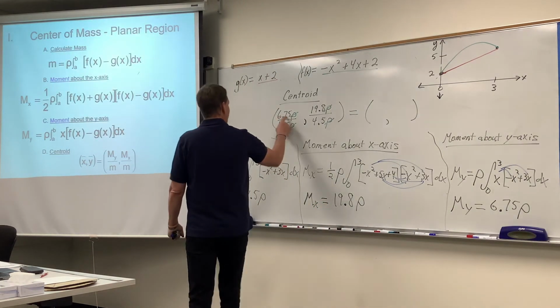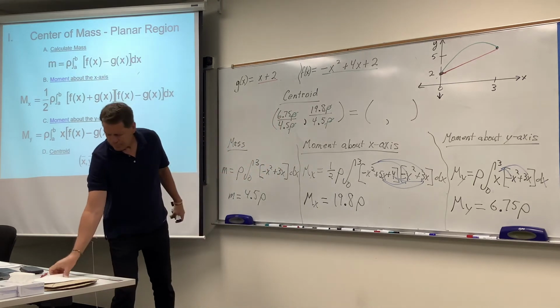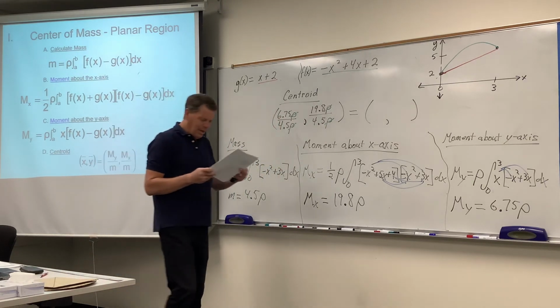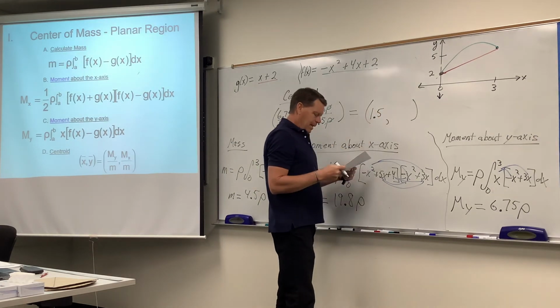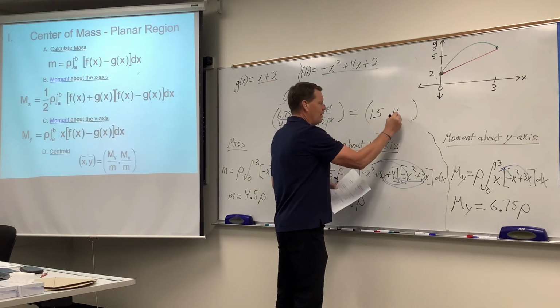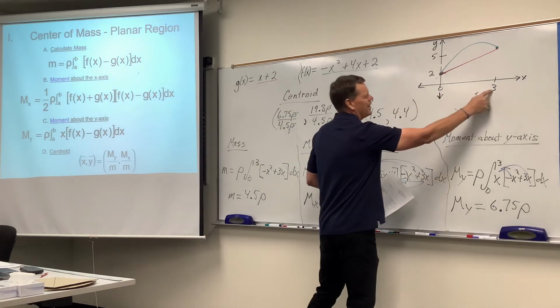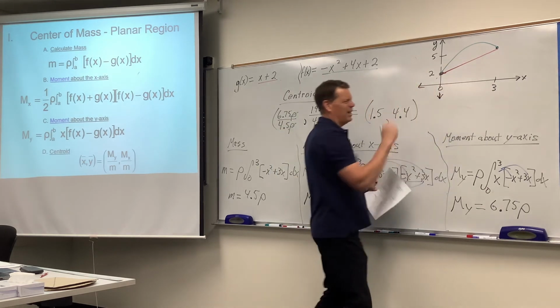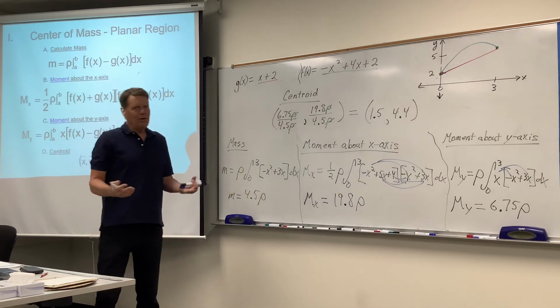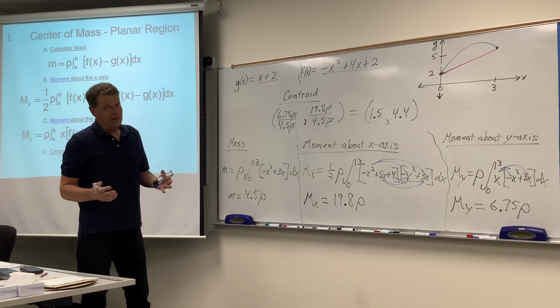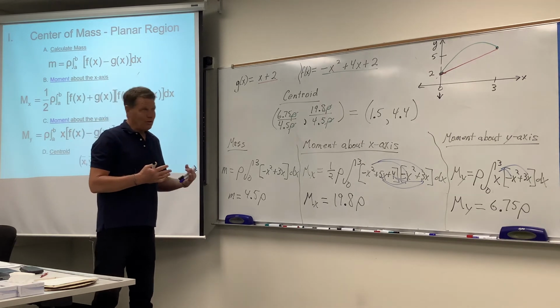So 6.75 divided by 4.5. Did the math ahead of time. That turns out to be 1.5. And the other one turns out to be 4.4. Now the 1.5 is halfway between here. That was just kind of coincidence. It wouldn't have to be that way. Don't just think you find the midpoint of your interval. That happened here. Maybe I should change the question so that does not occur.